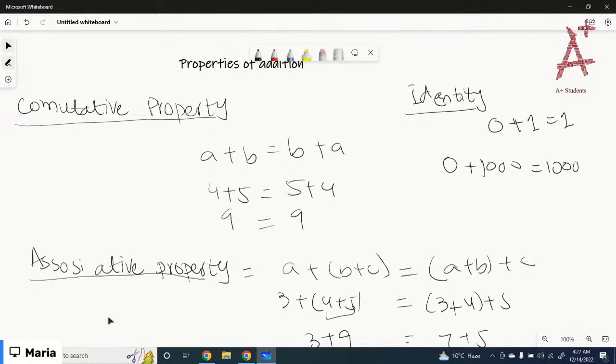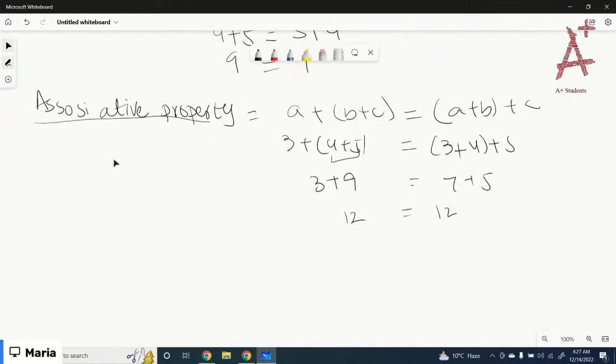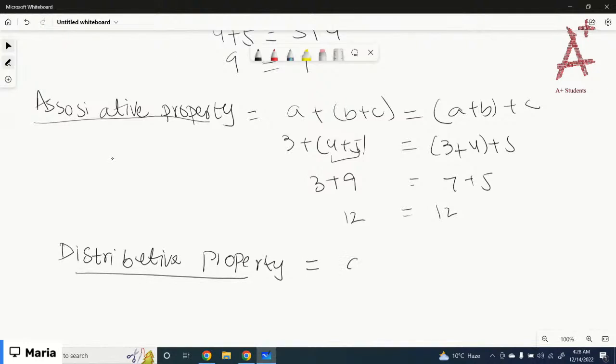You have one more property, that is the distributive property. So the distributive property is like this: you have a times b plus c, which equals a times b plus a times c.